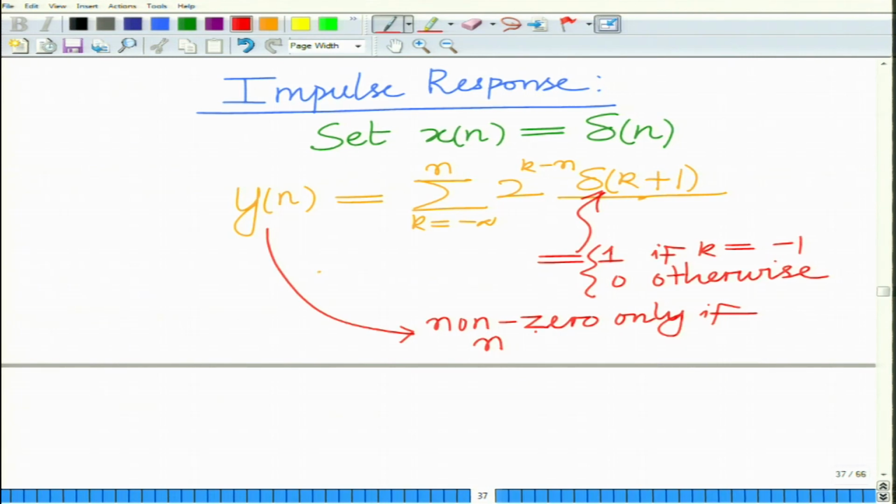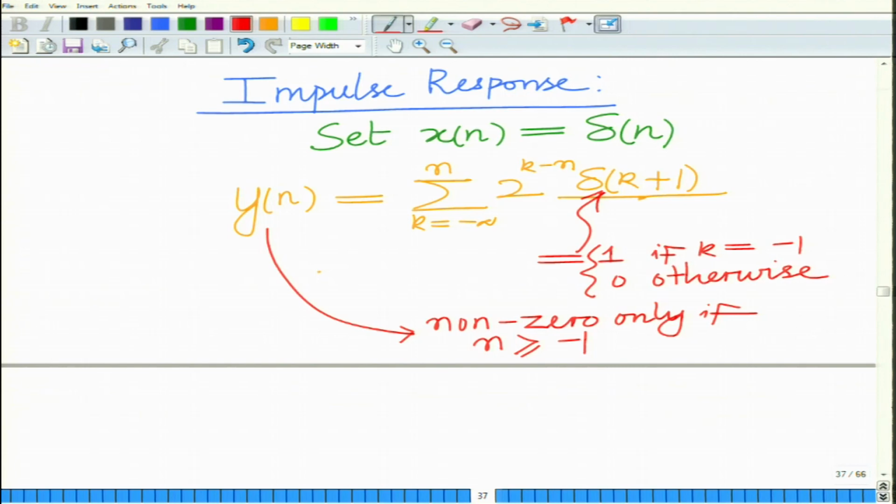So this implies y[n] is non-zero only if n is greater than or equal to minus 1, because we have to have k plus 1 equal to 0, which means k must take the value of minus 1. So this is non-zero only if k takes the value minus 1, which means n must be greater than or equal to minus 1.